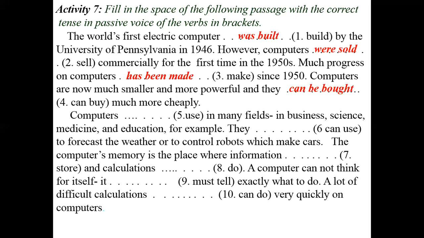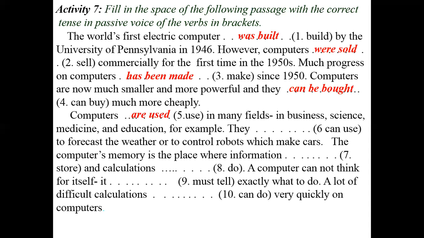Computers used in many fields in business, science, medicine, education, for example. So computers do the action use, so you also use the passive, and computers is plural. Now, are used.